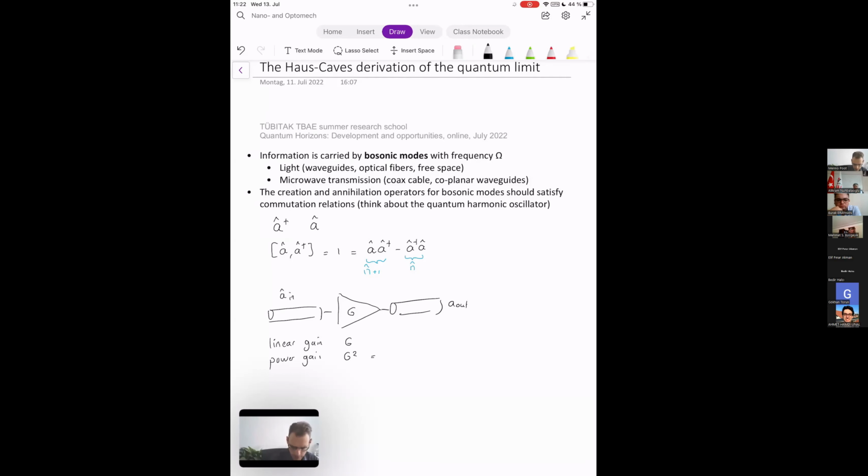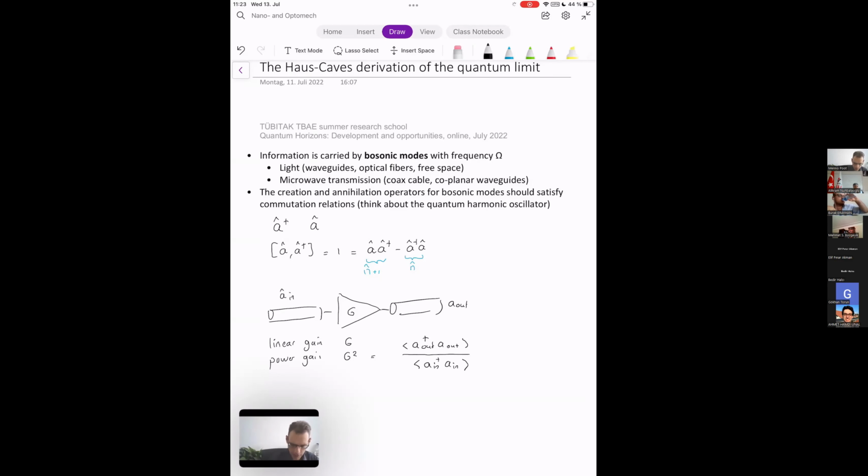Well, that means that the expectation value of the number of photons in the output mode is going to be G squared times larger than that of the input one. So this would be the expectation value of the number of photons in your output bosonic mode divided by the expectation value of the number in the input mode. So this is the power gain that we have.